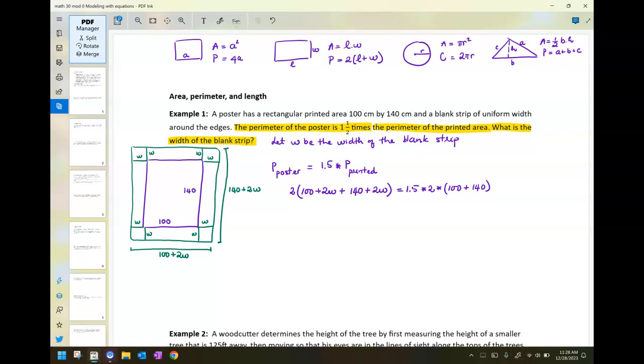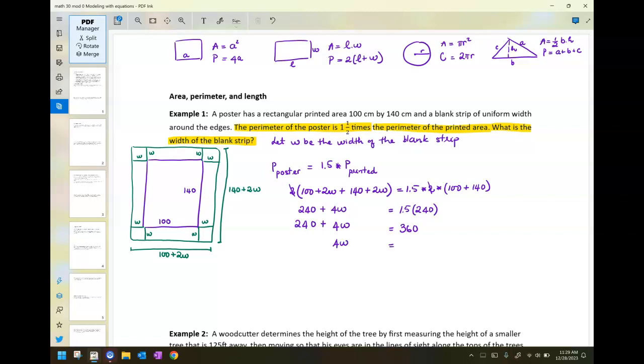Let's clean this up. First, I simplify 2 from both sides. 100 plus 140 equals 240, plus 4W equals 1.5 times the sum of 100 plus 240. So 1.5 times 240. Let's solve this equation. Okay.